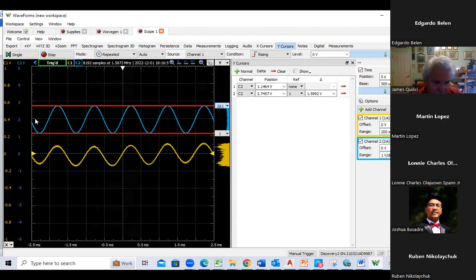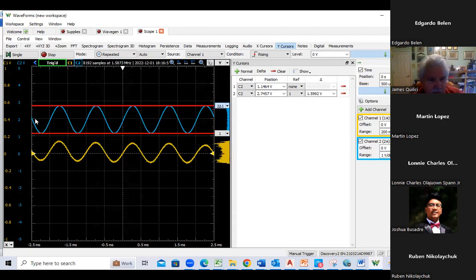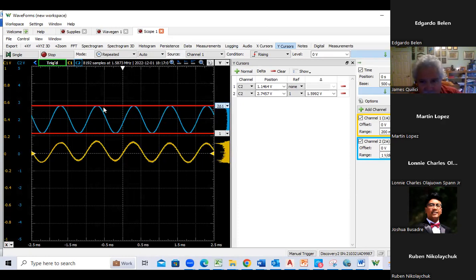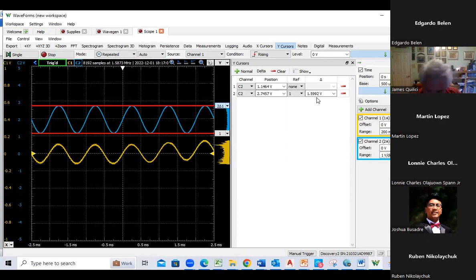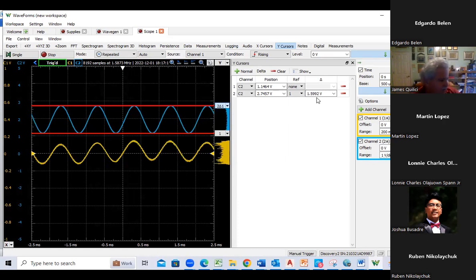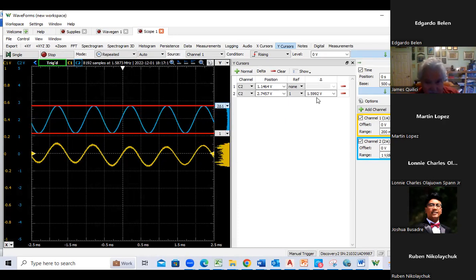That's where my collector appears to be right now. And so I have got 1.59. I'll call that 1.6 peak to peak, and then divided by 0.2. So 1.6 divided by 0.2 equals, I have a gain of 8.